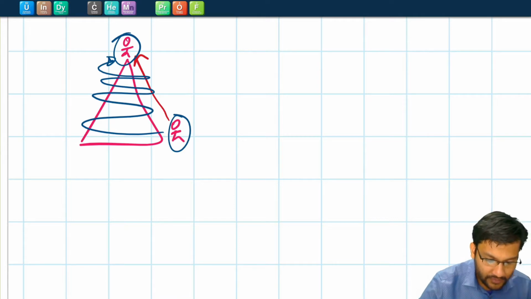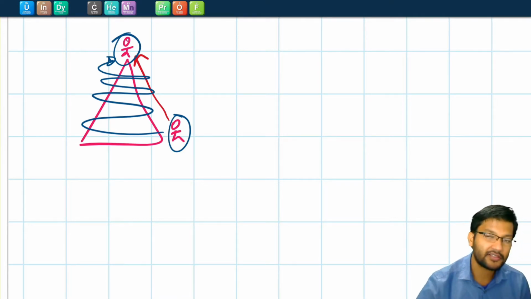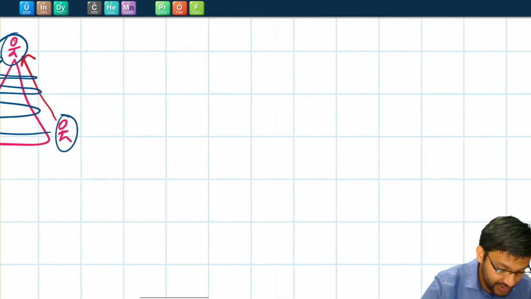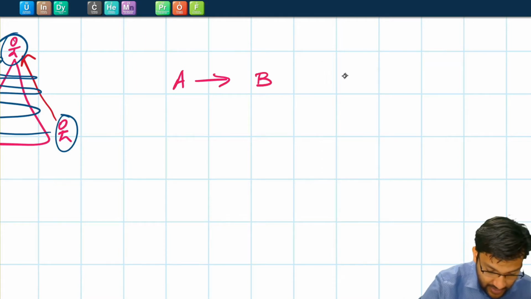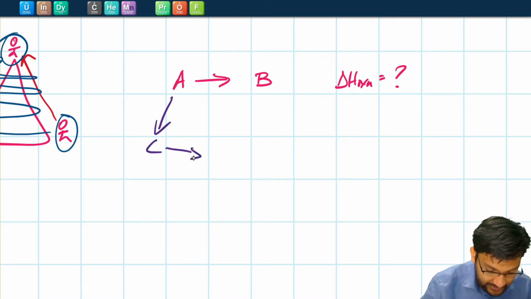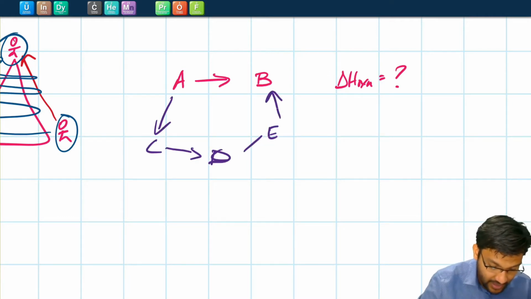Well, remember I said that internal energy is a state function, enthalpy is a state function. So if we have a reaction, let's say reaction A going to reaction B, and we wanted to figure out what is the enthalpy change for this reaction, but we couldn't figure it out. But we knew the enthalpy change for A going to C, going to D, going to E, and then going to B, and we know the standard enthalpy change for each of these reactions.